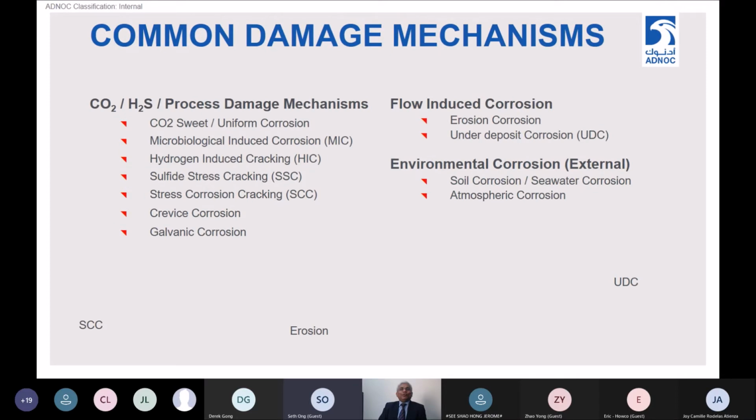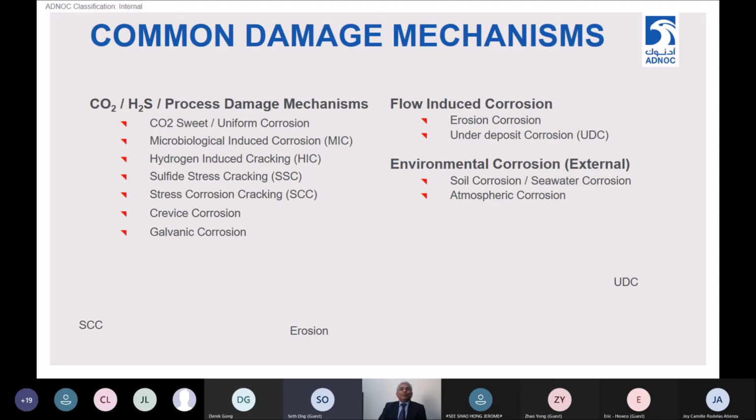In the upstream oil and gas business, we are focusing mainly on corrosion mechanisms that occur on the process side of equipment, primarily due to acid gases like CO2 and H2S. Flow-induced corrosion is a threat, of course, and environmental corrosion damage, which includes soil corrosion, seawater corrosion, atmospheric corrosion on the external side.